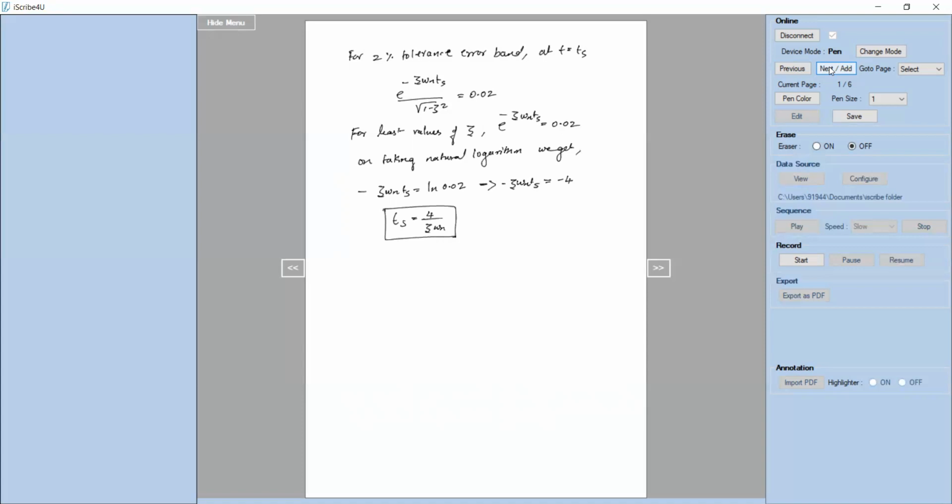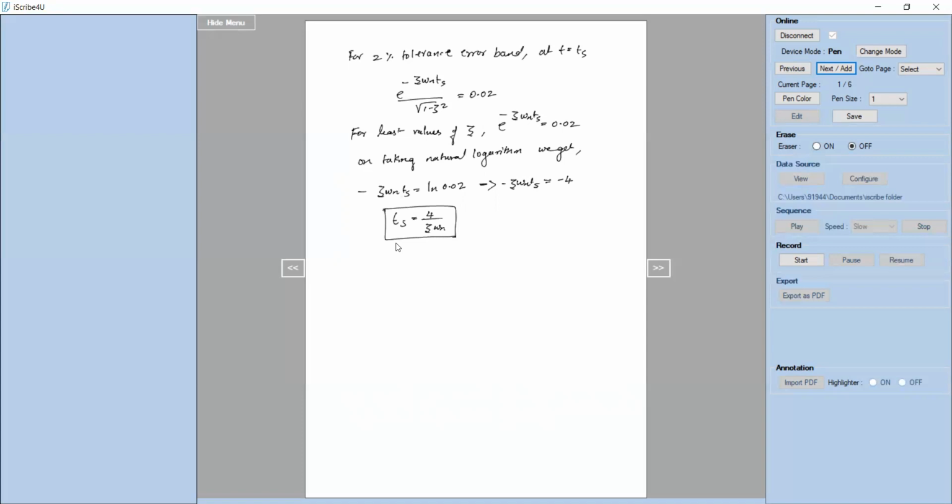So we have taken only the exponential term, which contributes to the settling time here, and we have assumed zeta to be very, very small. Taking natural log on both sides, we get ts as 4 divided by zeta omega n. This is what we have for the 2% error.